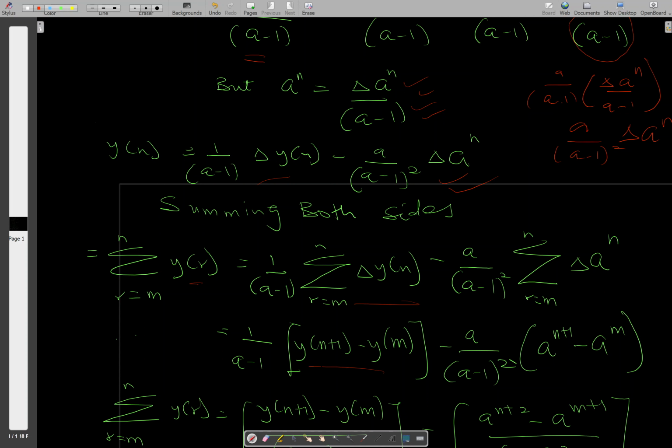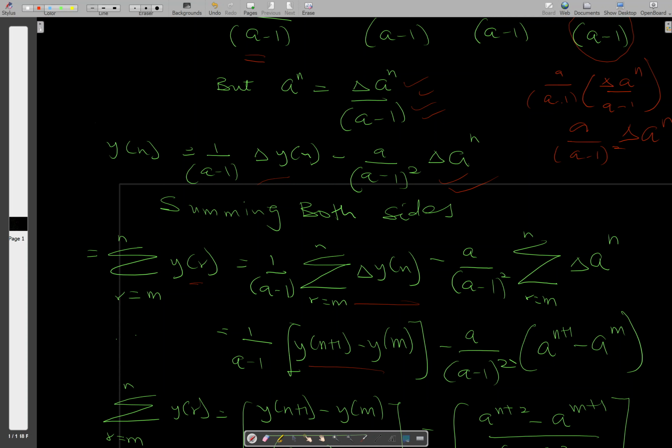Now, so we have this one. The summation of delta y of n is given by y of n plus 1 minus y of m, minus a divided by a minus 1 all squared, and delta a to the power n is given by a to the power n plus 1 minus a to the power m.